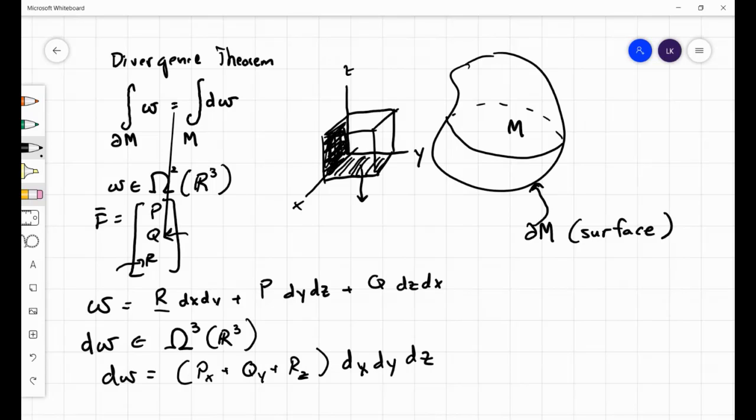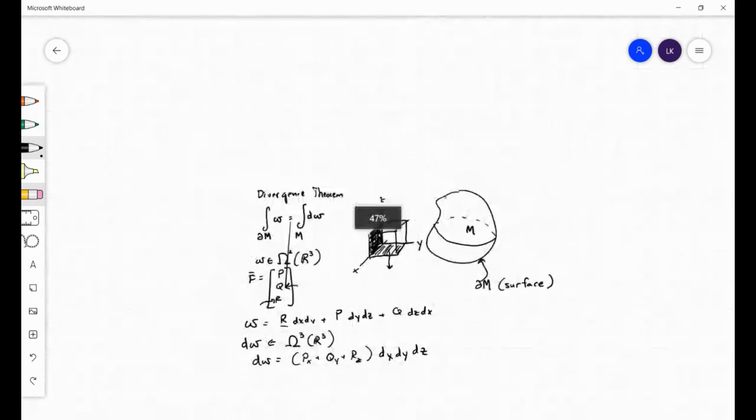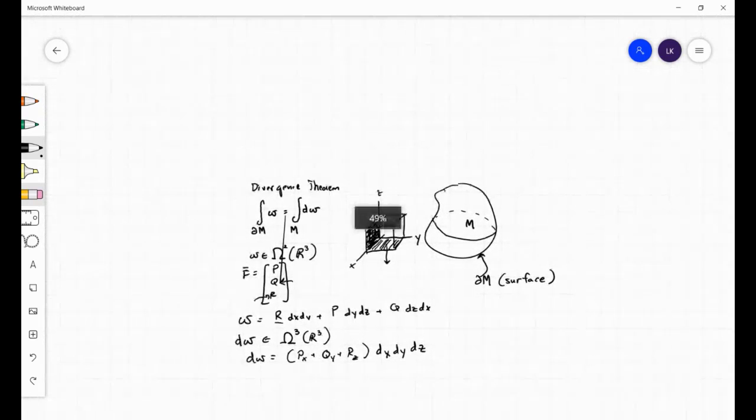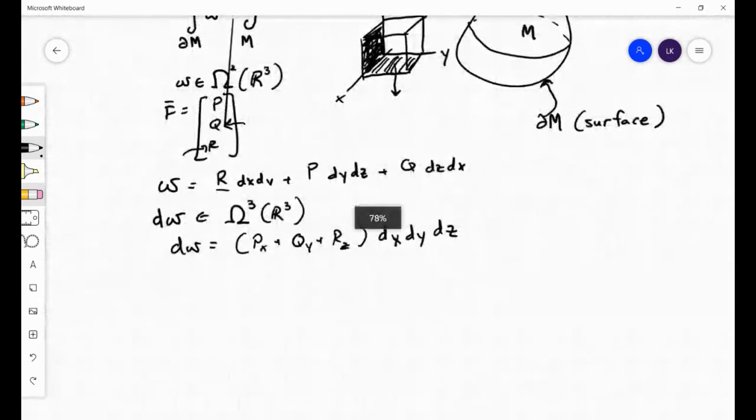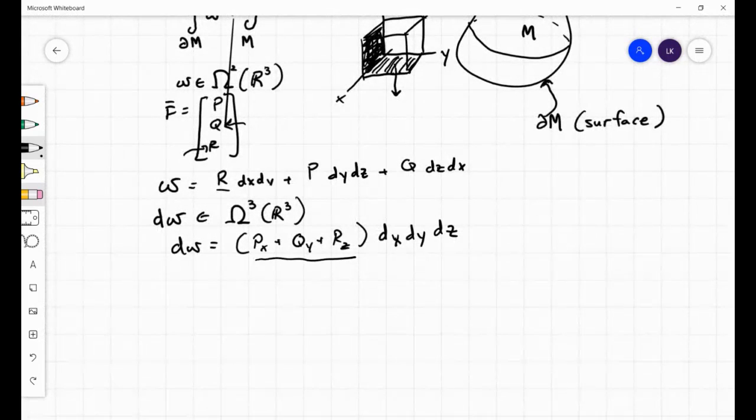We can do that exterior derivative later when we talk about differential forms more closely. But notice that this is exactly the divergence of your vector field F, with components P, Q, R. You differentiate each component with respect to the corresponding spatial coordinate, and then add it all up.